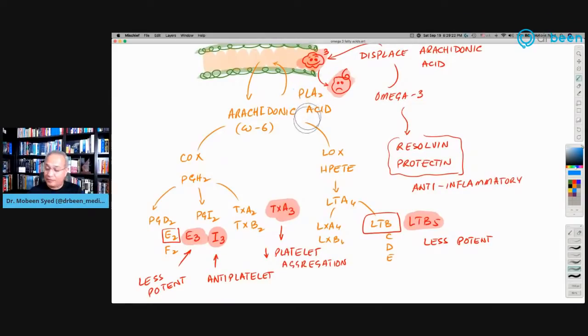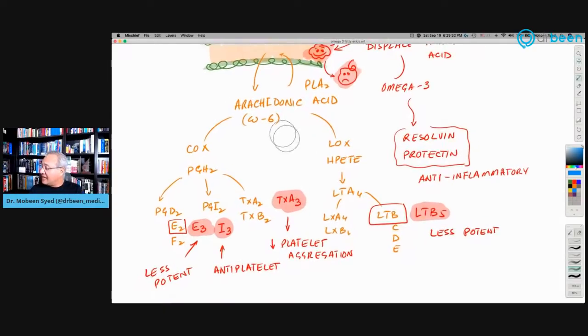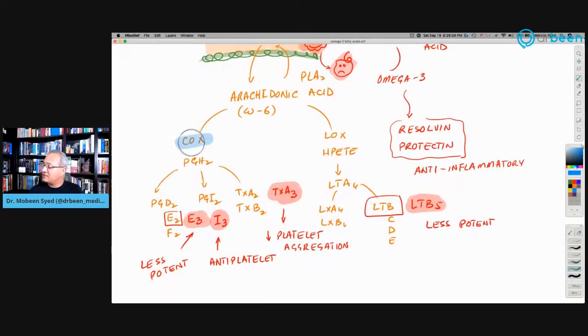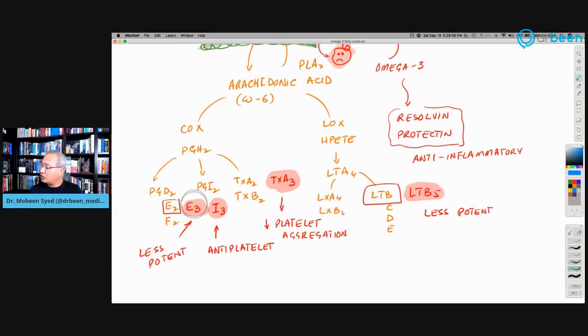Phospholipase A2 causes arachidonic acid to be produced from the cell membrane phospholipids, which means these omega-6s. Then the arachidonic acid has cyclooxygenase or lipoxygenase enzyme act on it, which causes the production of prostaglandins, prostacyclins, and leukotrienes. Some of these are anti-inflammatory, some pro-inflammatory, some are vasodilators, some are potent vasoconstrictors. Normally, when this pathway becomes active, we get inflammation.